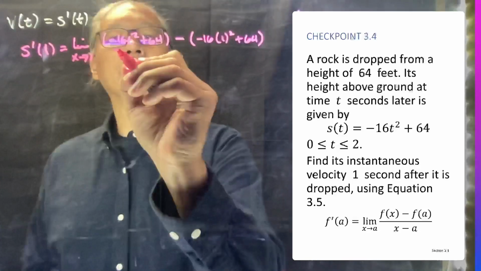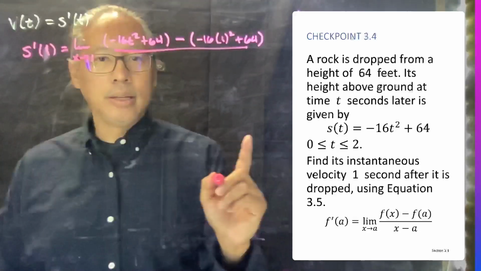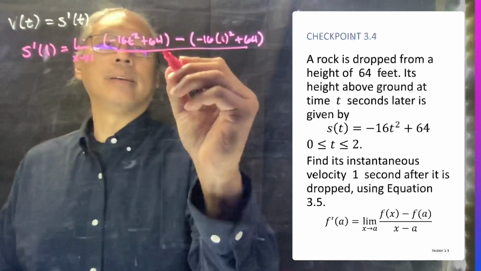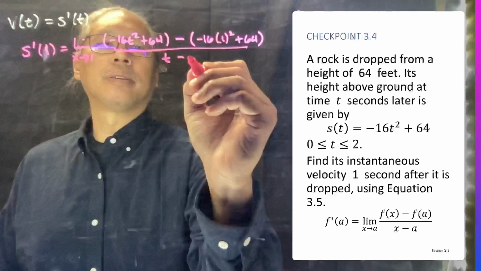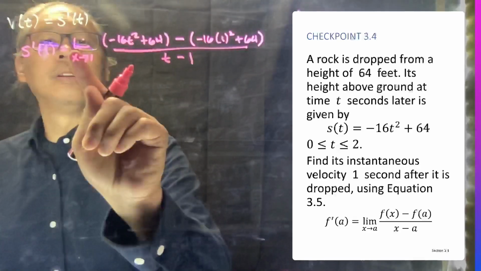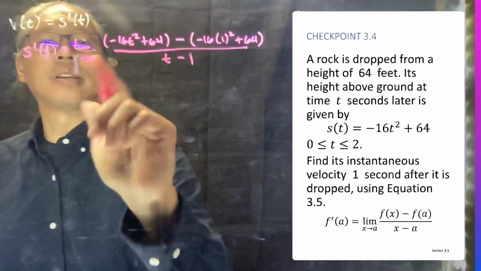And then we want to divide this whole thing by t minus a, so it's t minus 1. And I suppose this is a t variable, so let's change this x into a t.